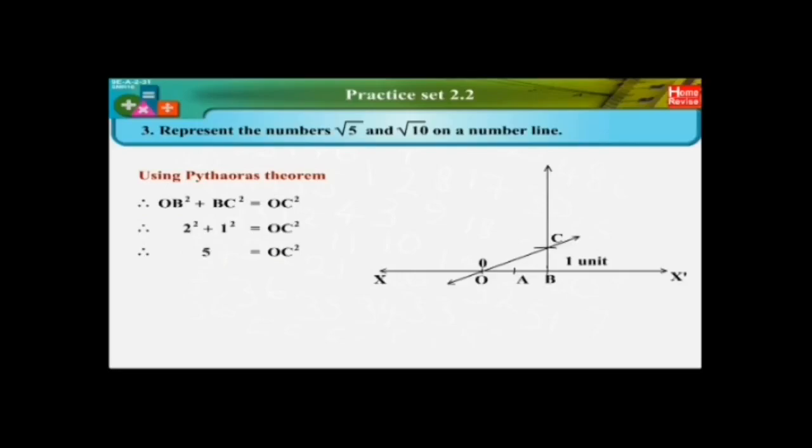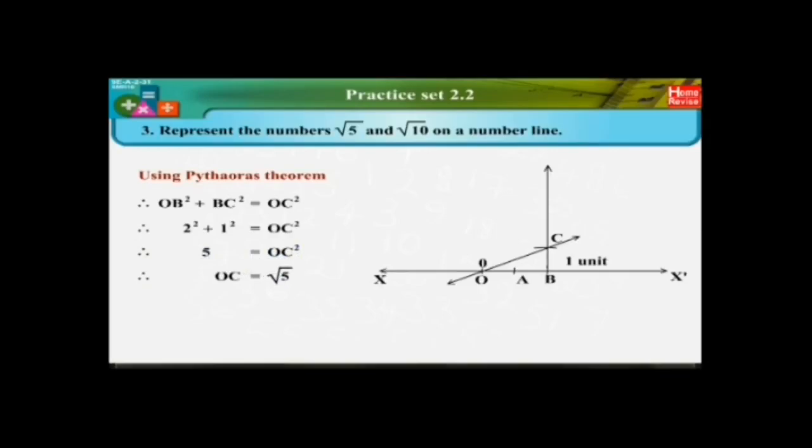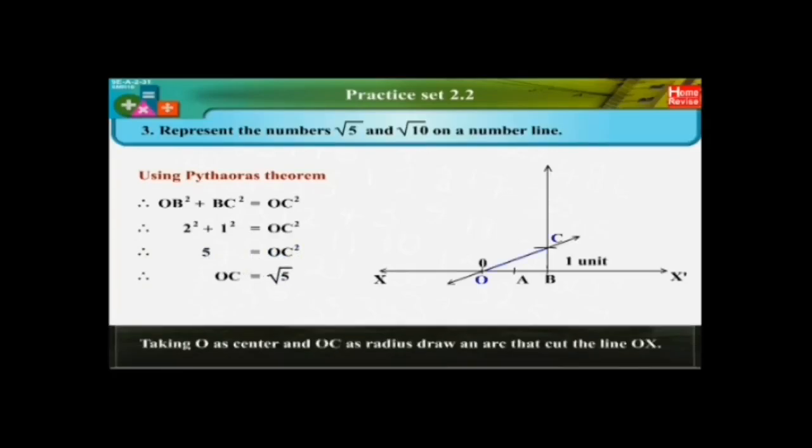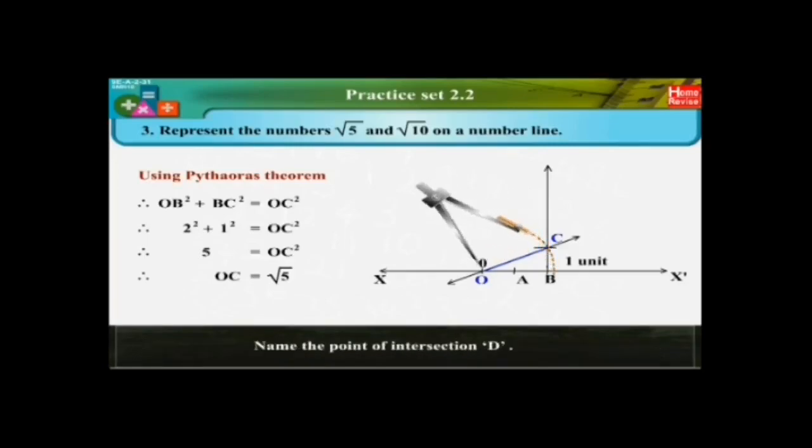So 5 is equal to OC square. This implies OC is equal to root 5. Taking O as center and OC as radius, draw an arc that cuts the line OX. Name the point of intersection D. Point D represents the number root 5. In this way, we can show root 5 on the number line.